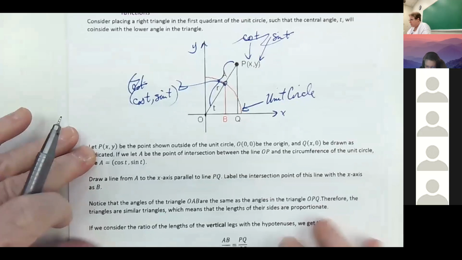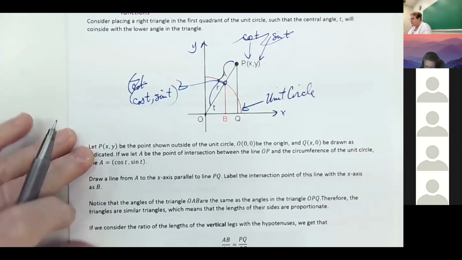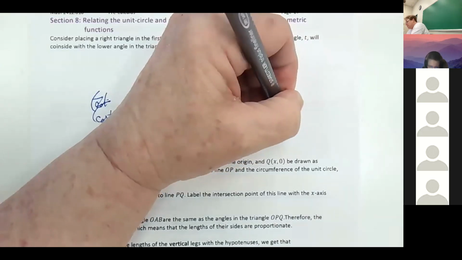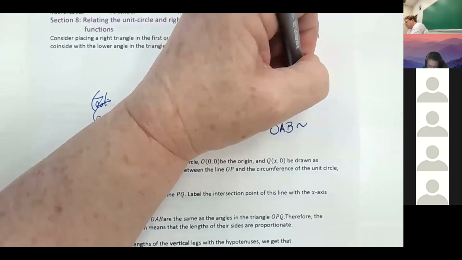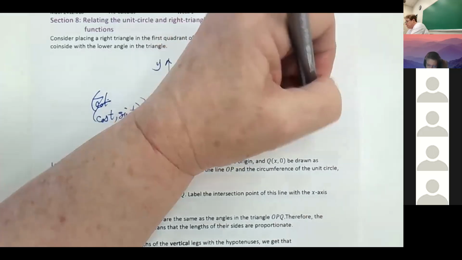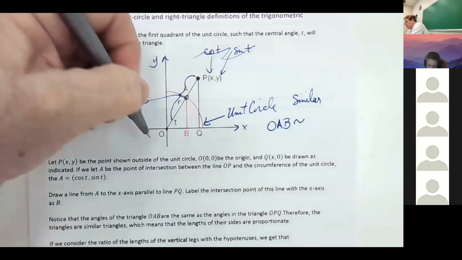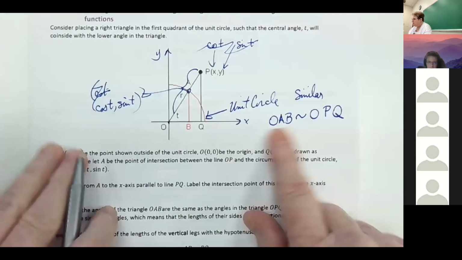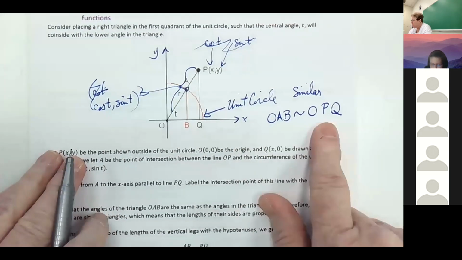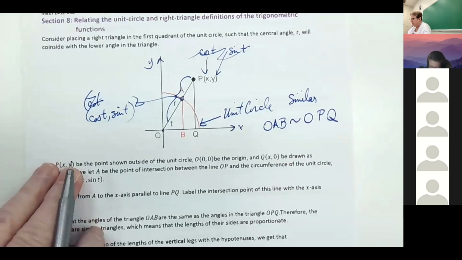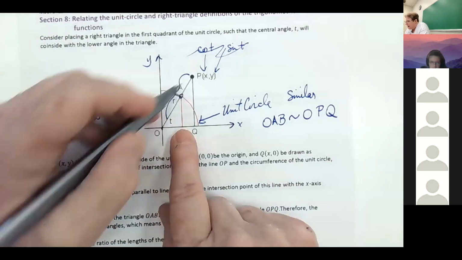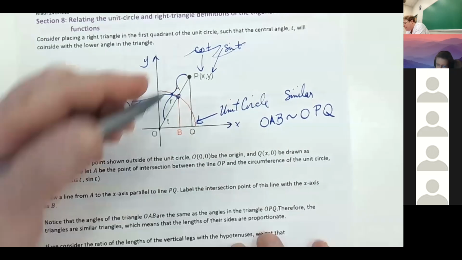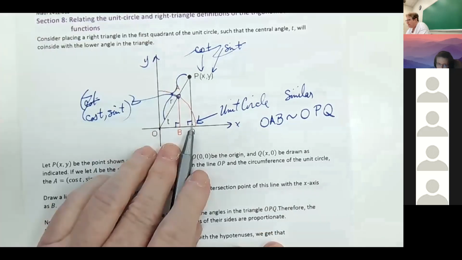So let's see. We've got similar triangles. We know that OAB is similar to OPQ. What that means is two of their angles are the same, which implies all three of the angles are the same. They both have angle T at the lower point, and they both have right angles at another point.